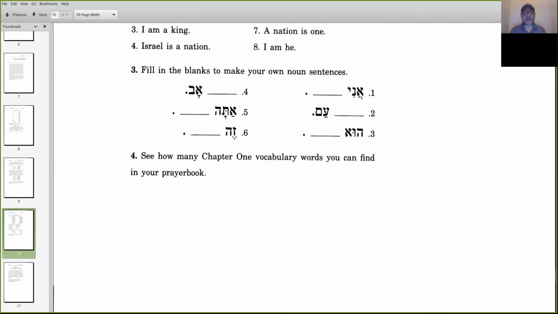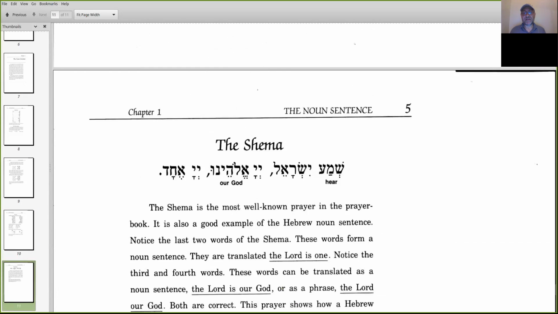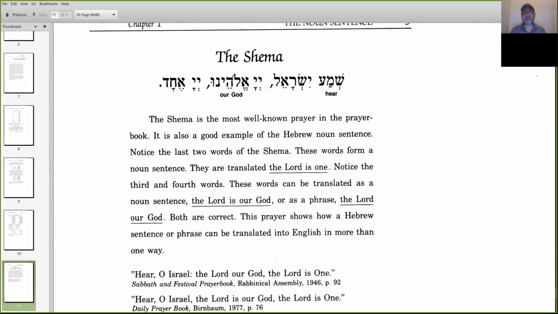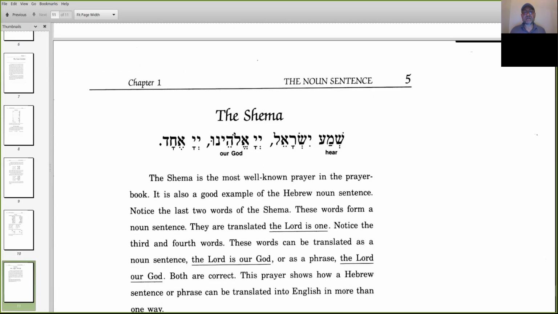So number 4 here, see how many chapter 1 vocabulary words you can find in your prayer book. Okay, so let's see what we have here. So I can already see in this section here, they gave us Echad, they gave us Yisrael.